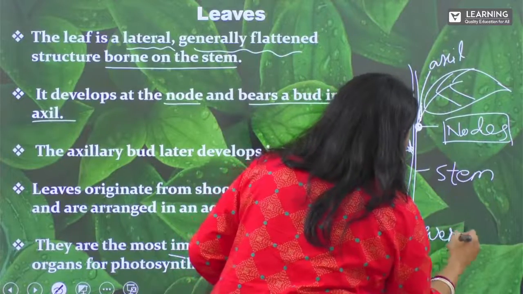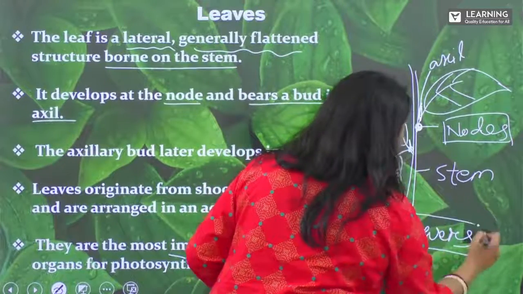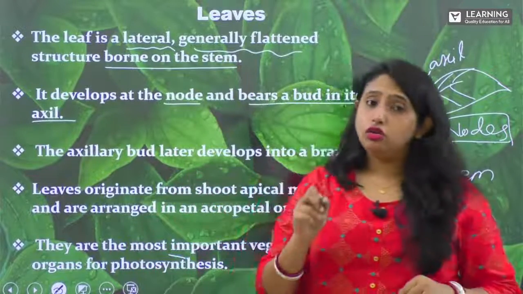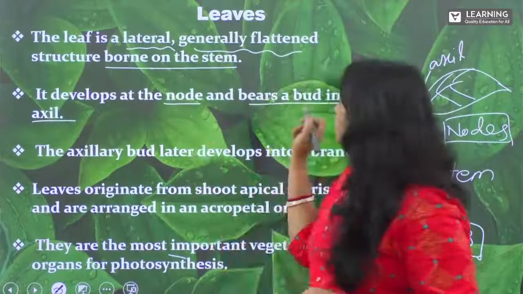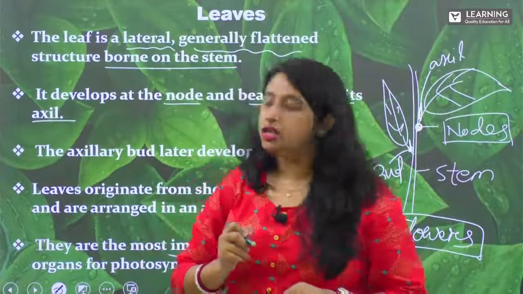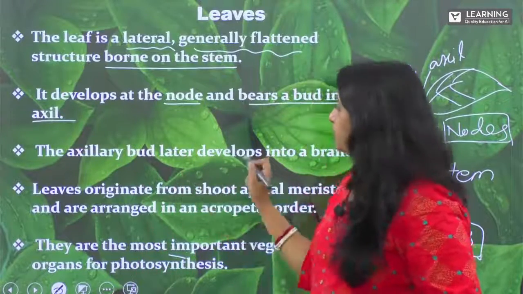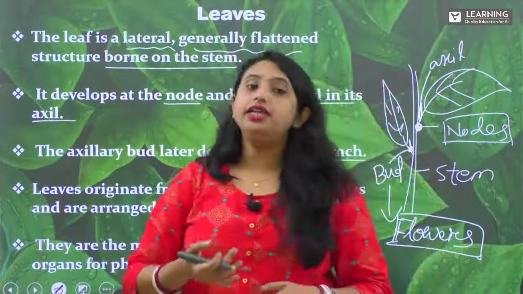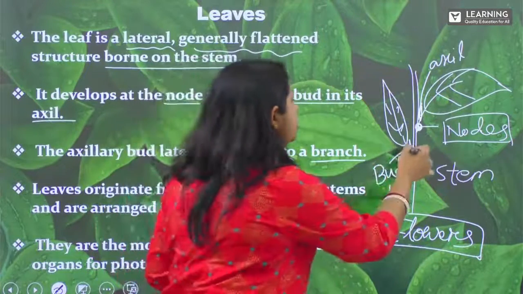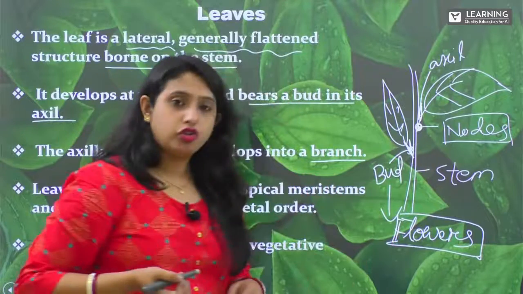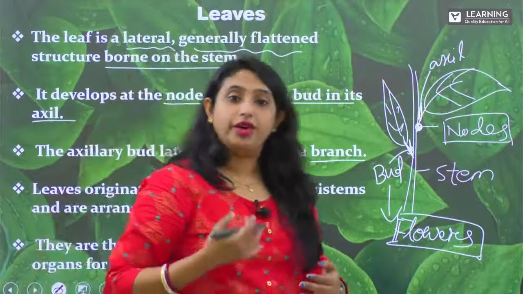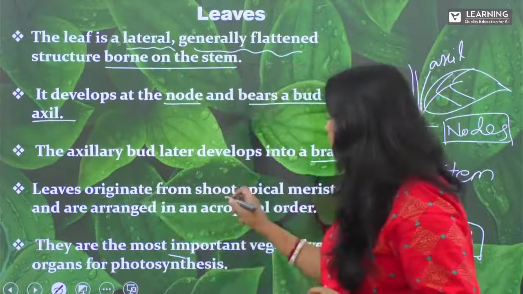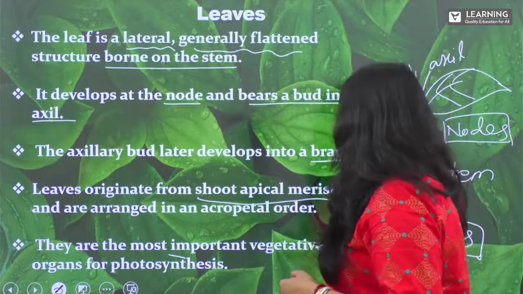From the buds, the flowers are developed. So the leaves are born on the nodes and they bear the bud in the axil. Next, the axillary bud later develops into a branch. So later, when the plant grows, the axillary bud develops into various branches. Okay. So the leaves originate from the shoot apical meristem.